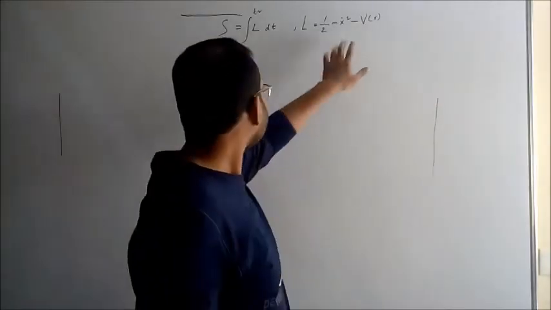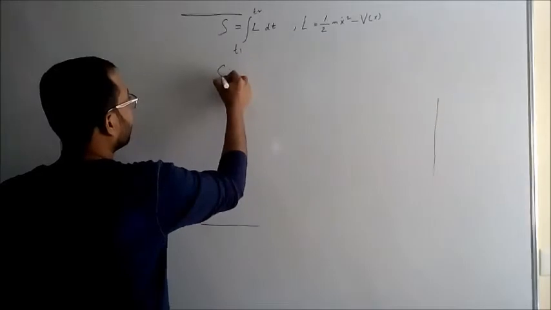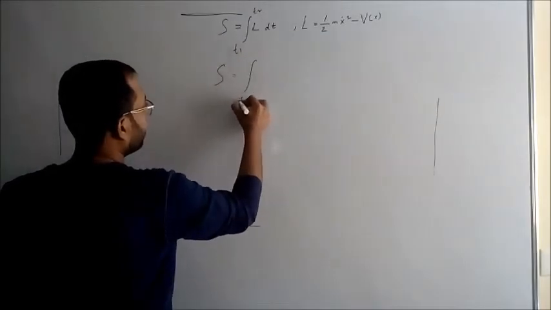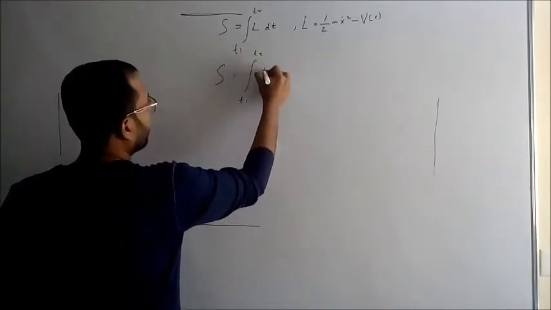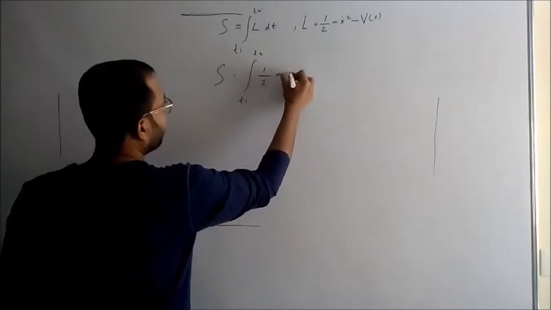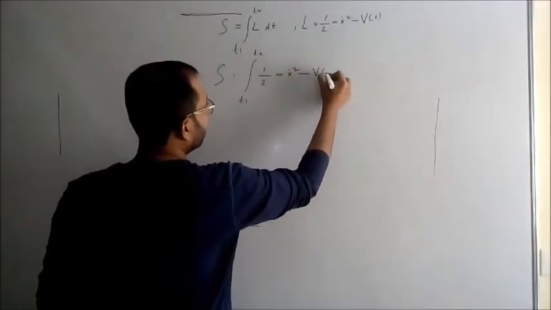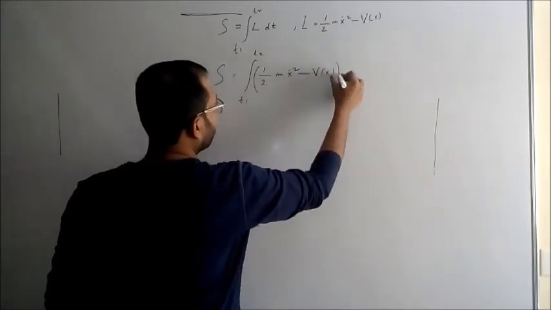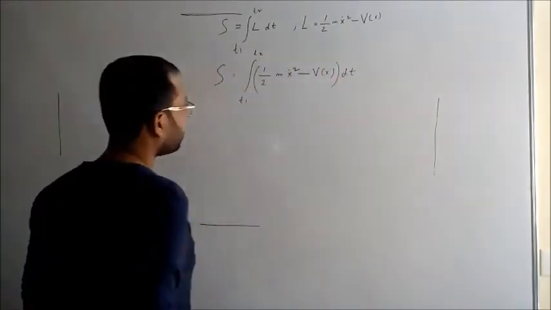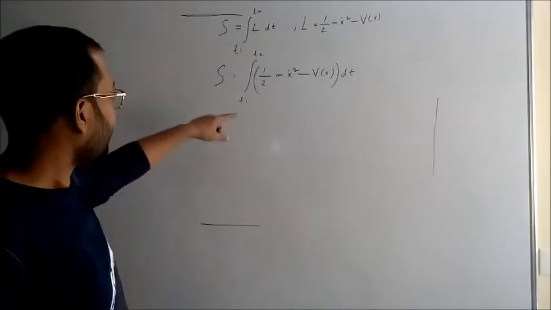So here's my Lagrangian, therefore my action is the integration from t1 to t2 of half m x dot squared minus V(x), and the entire thing has to be integrated in time dt, the limits being t1 to t2.